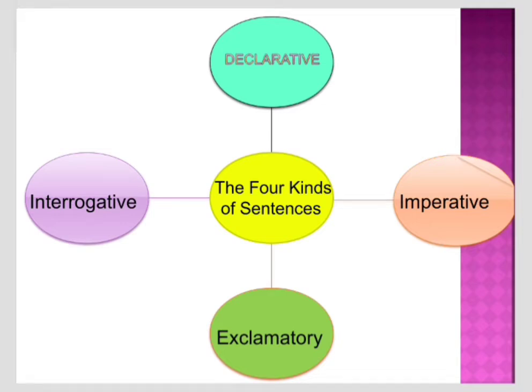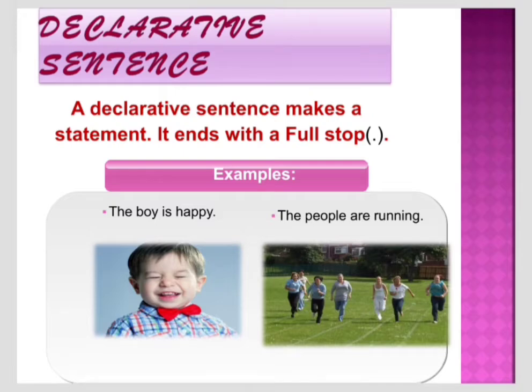Exclamatory sentences are the sentences which express a thought, a feeling, or an emotion. Then coming to the fourth category, which is of interrogative sentence. Now, an interrogative sentence ends with a question mark. Now, we will discuss each and every type in detail with a few examples.